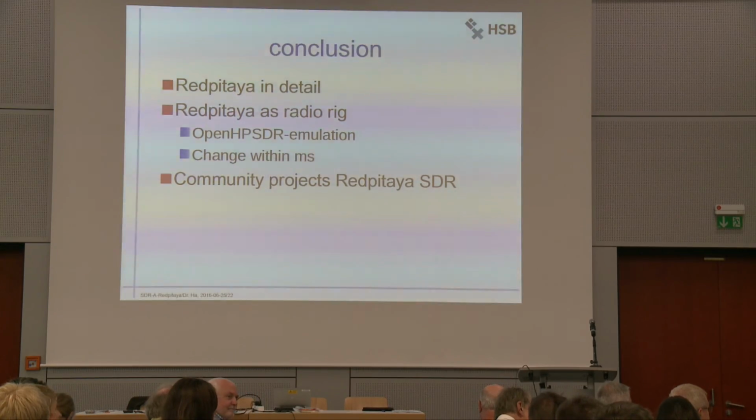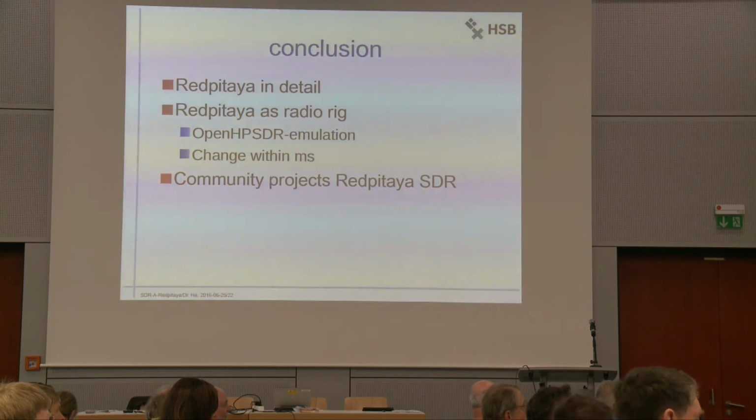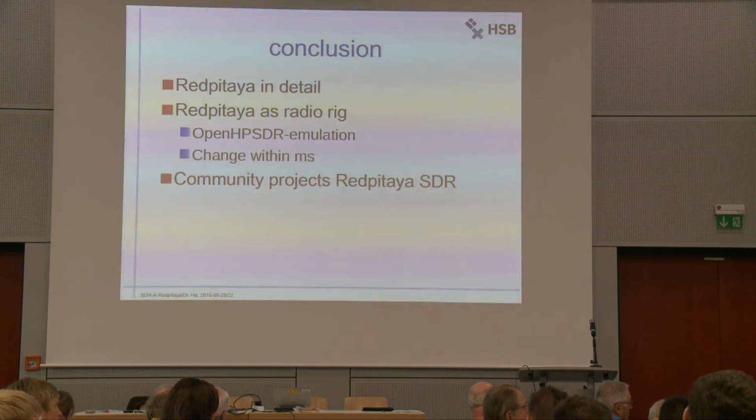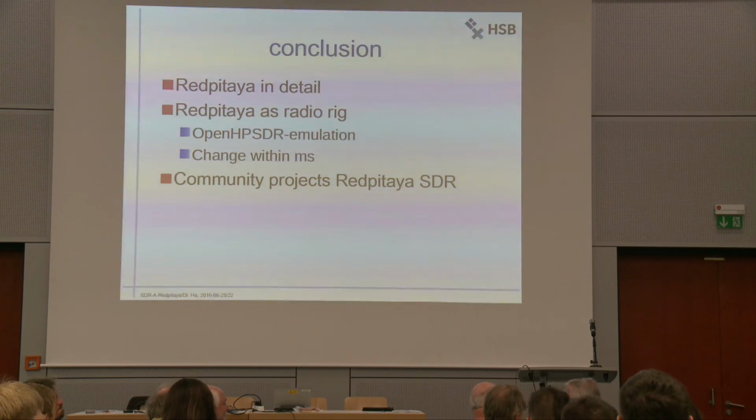Do you use this additional down conversion, or is it emulated in the ARM software, or how does it work? Short answer: regarding the software-defined radio, I suggest that you ask Pavel Demin because this is his project, and he knows better than we do. Okay. Any more questions? Okay, thank you very much.